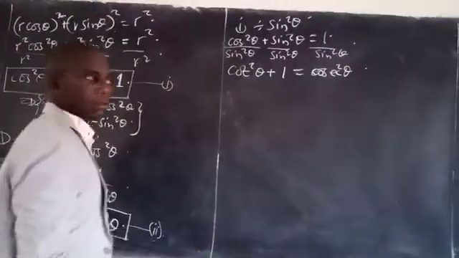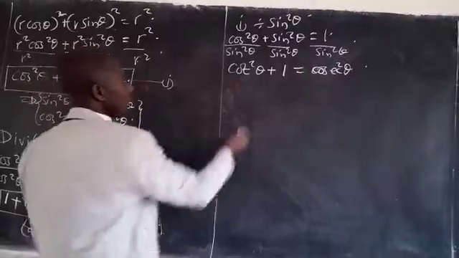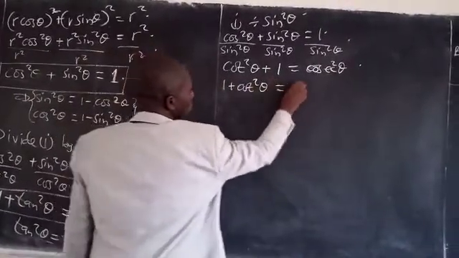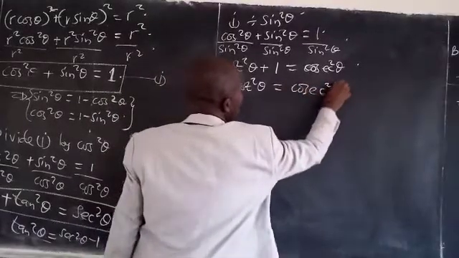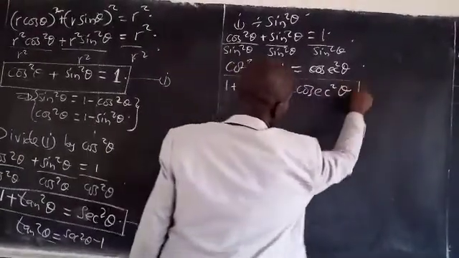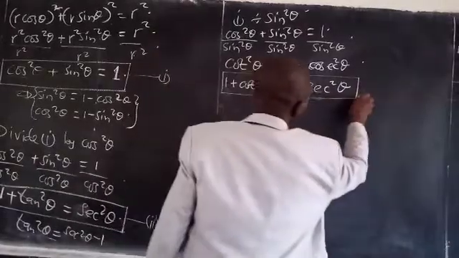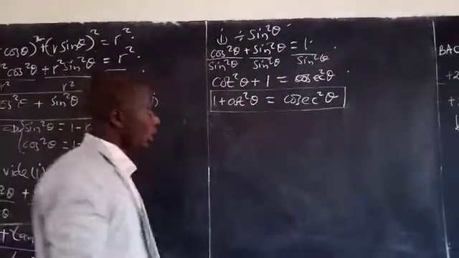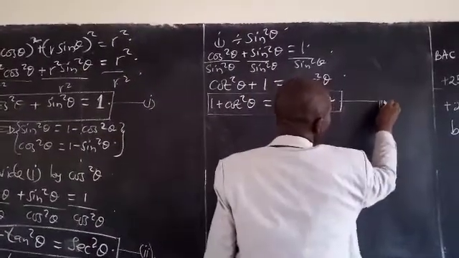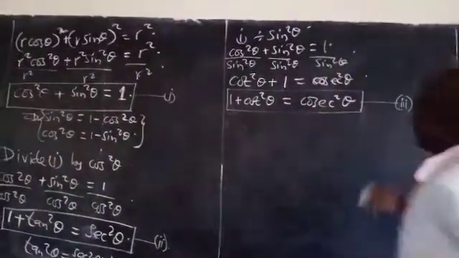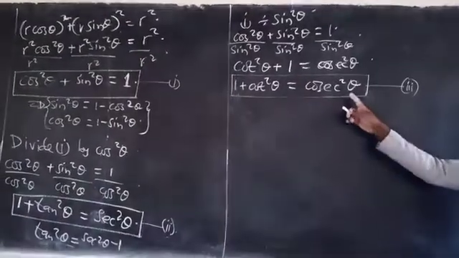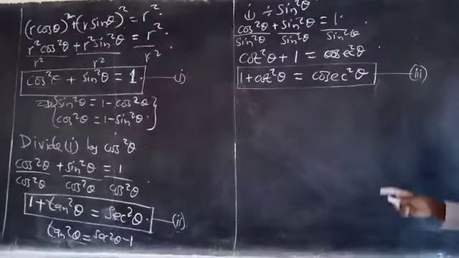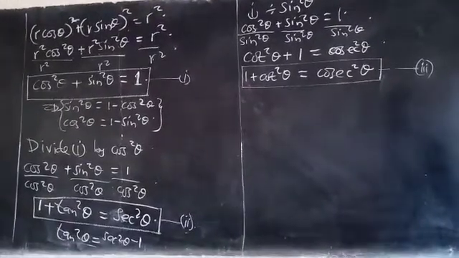So therefore we can already say that 1 plus cot squared theta equals cosec squared theta. This is another identity that we can employ in solving some trigonometrical equations. So this is the third one that we can use while we are solving trigonometrical equations.